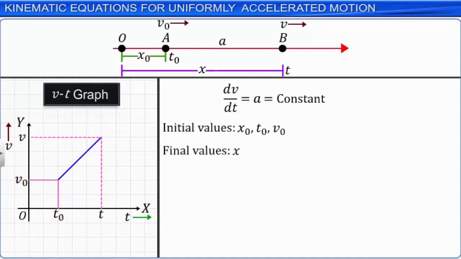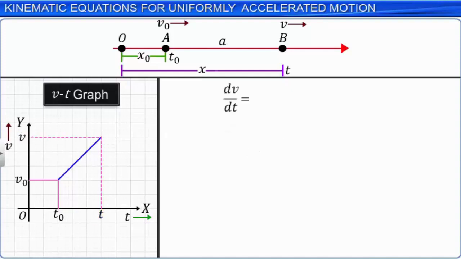dv by dt is equal to a. By cross-multiplying, we get dv equal to a into dt. Integrating both sides, integral v naught to v dv is equal to a into integral t naught to t dt. v minus v naught is equal to a into t minus t naught.